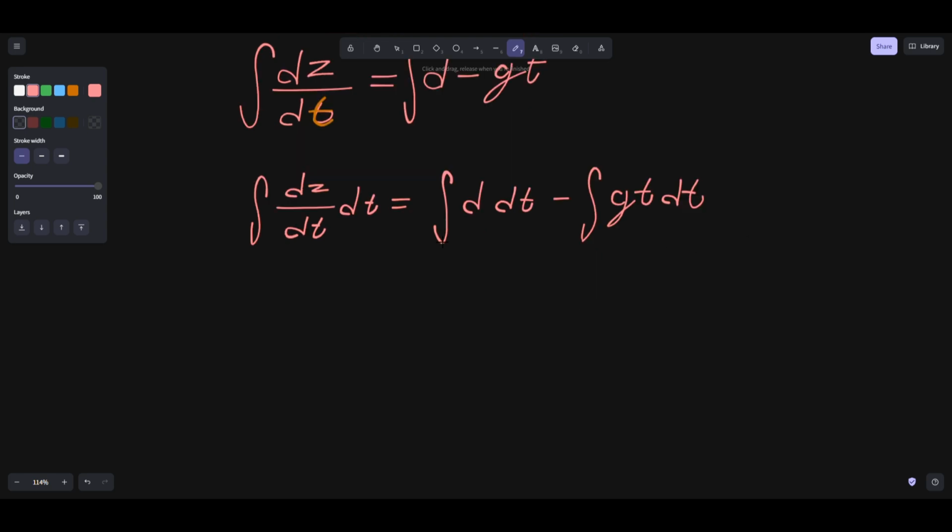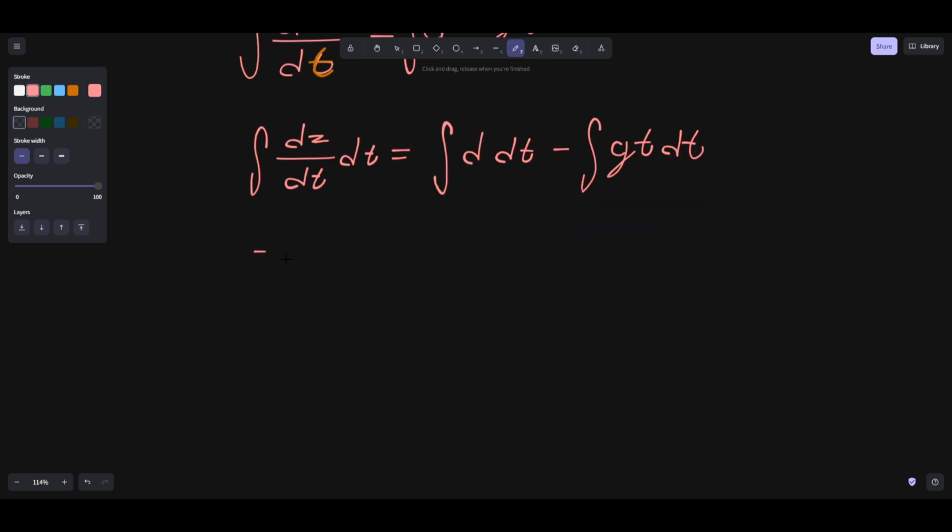So now, after we integrate both sides, we get another integration constant, and at the end we get z equals c plus d t. This is not the same d t as here. Here d is an integration constant and t is time, minus half g t to the second power. And we have this equation now.